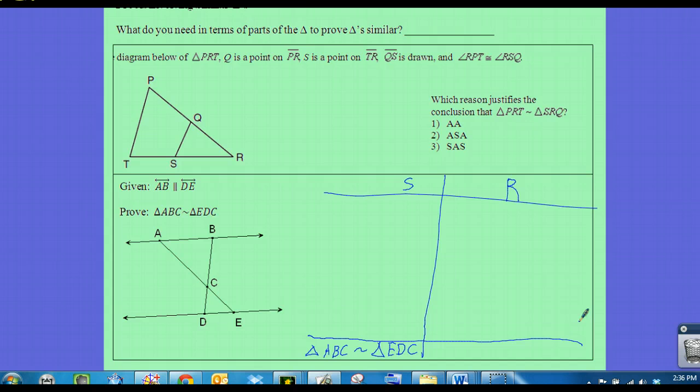Remember, the only two ways that I can get triangles similar are angles congruent or sides proportionate. So we're given AB is parallel to DE. That's a given.